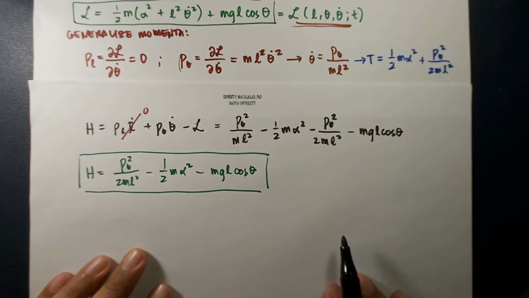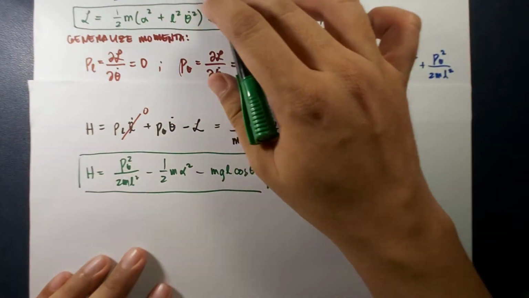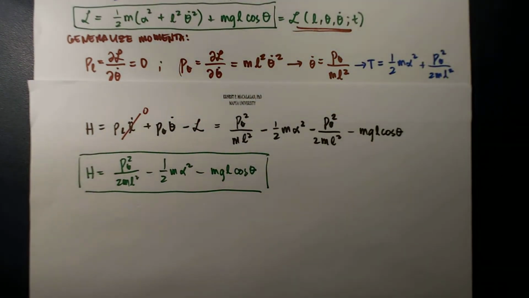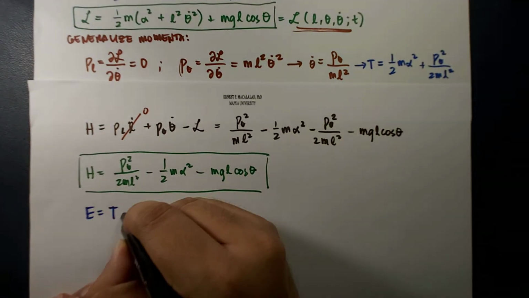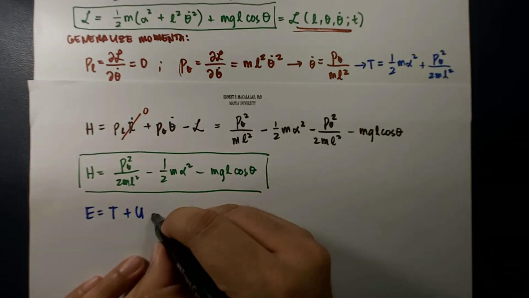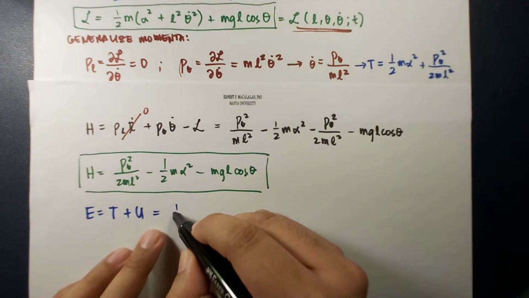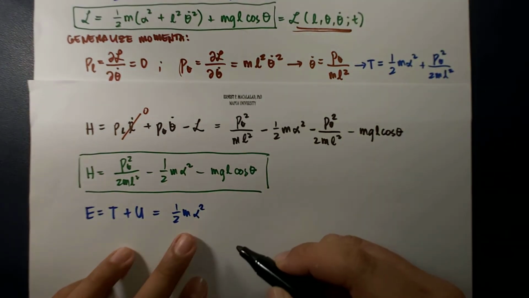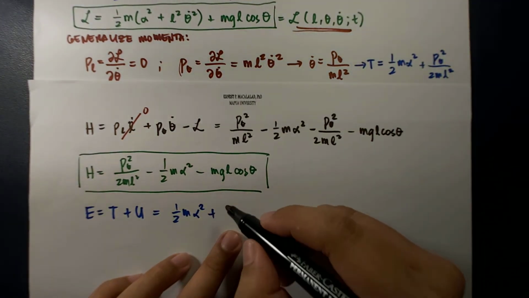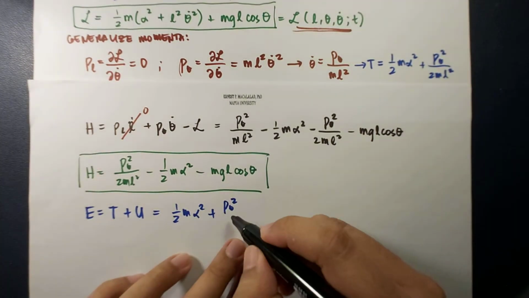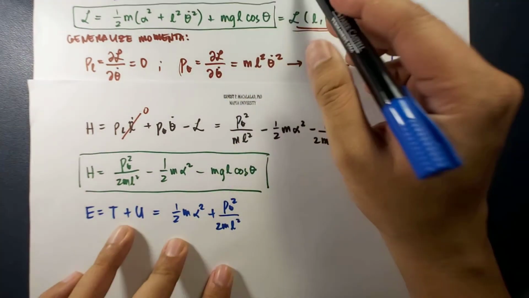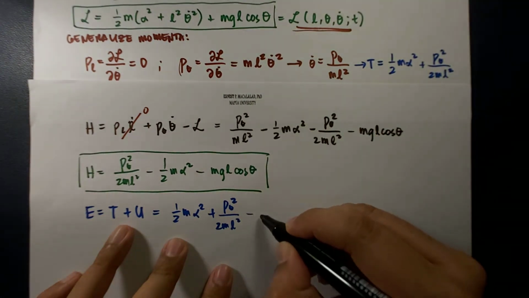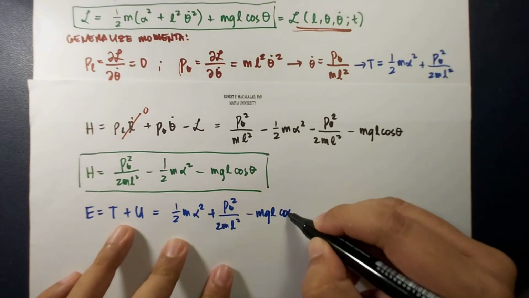Now let's compare the Hamiltonian to the total energy. The total energy is kinetic plus potential energy, which is equal to 1/2 m alpha squared plus P theta squared over 2 m L squared, plus U, which is minus mgL cosine theta.